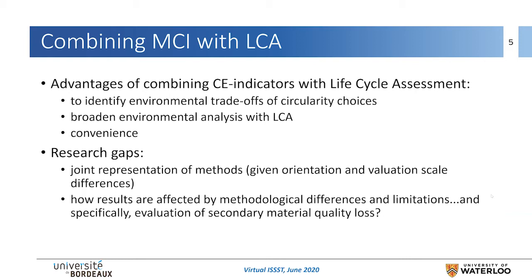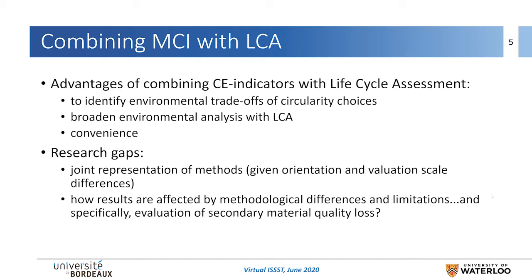So the advantages of combining circular economy indicators, and in this case the material circularity indicator with life cycle assessment, are multiple. Primarily, it is to identify environmental trade-offs of circularity choices. If you apply circularity strategies, we want to still make sure that it doesn't create trade-offs to the environment.